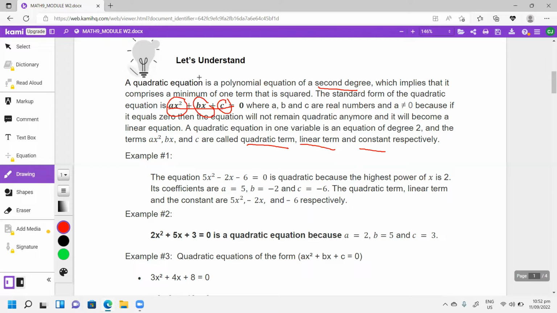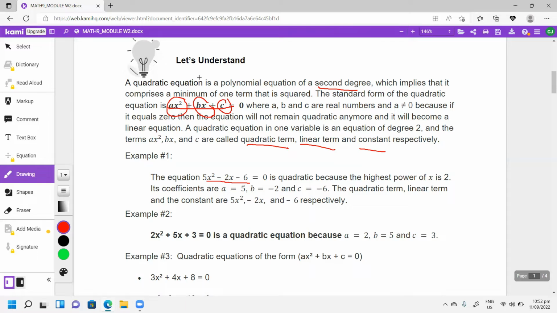So let us have this example. The equation 5x squared minus 2x minus 6. This equation is in standard form. Now let us check if this equation is a quadratic equation.